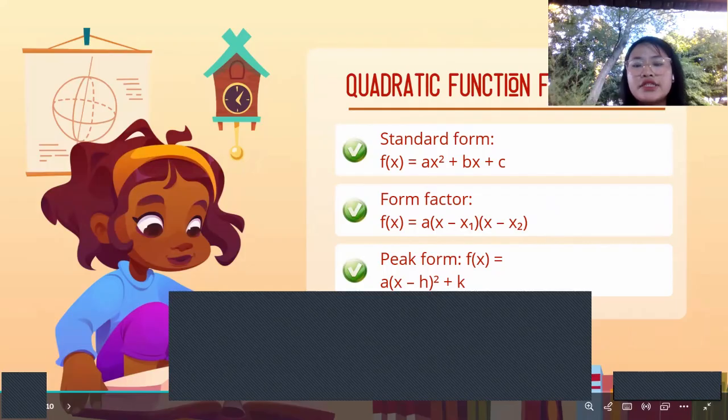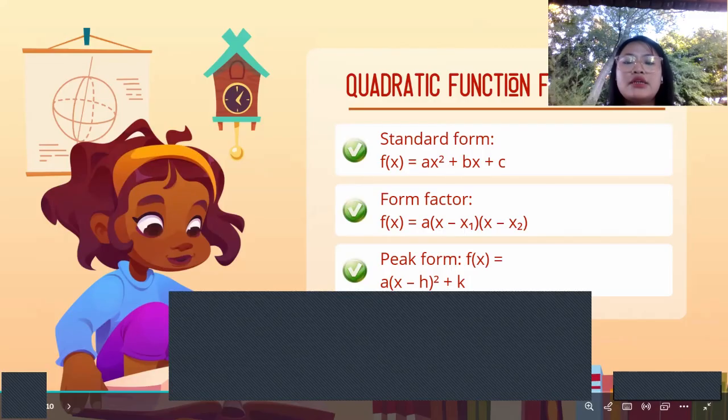Next, a quadratic function can be written in three different forms. The first is standard form: f of x equals ax squared plus bx plus c. The second is the factored form: f of x equals a times x minus x1 times x minus x2.